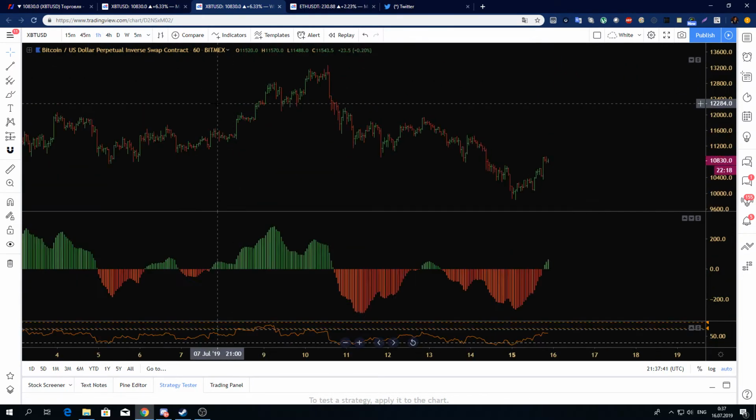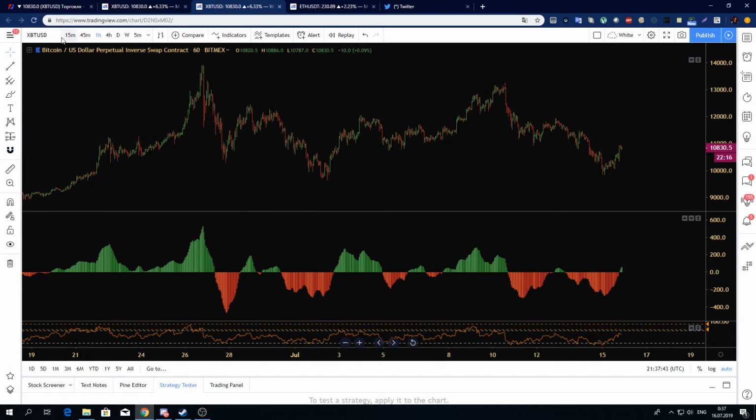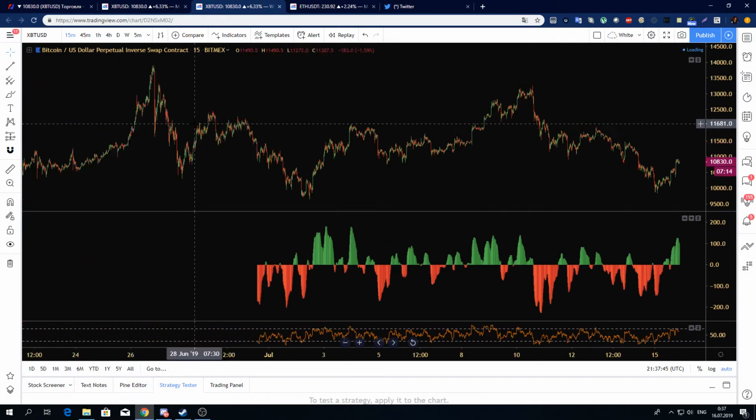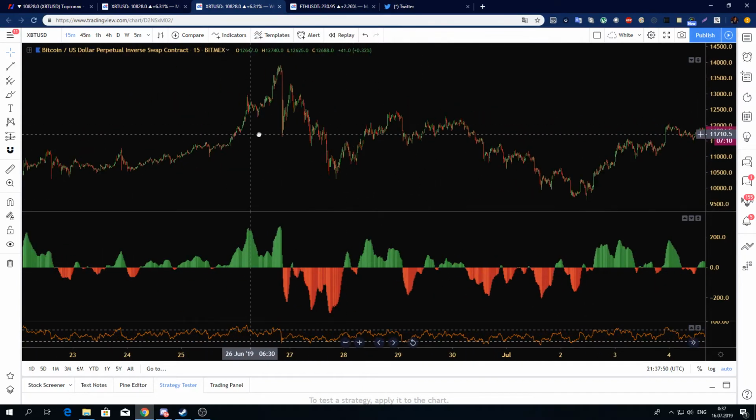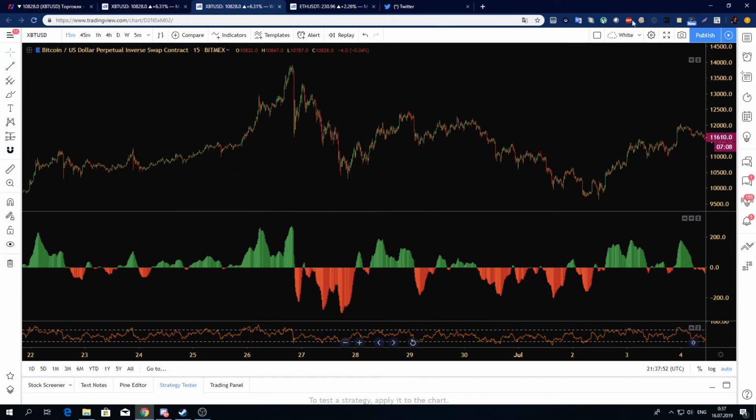So let's get to, I don't know, 15-minute filtering. Pretty simple. So notice, for example, we have this simple trend, right? So from here we started.